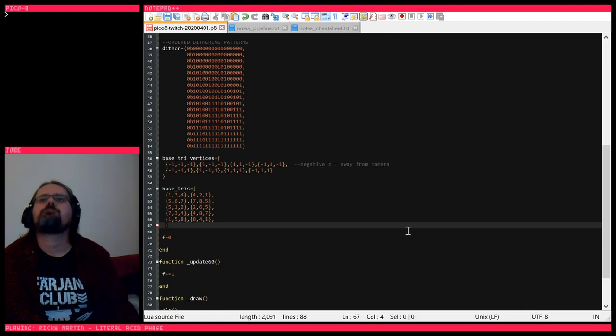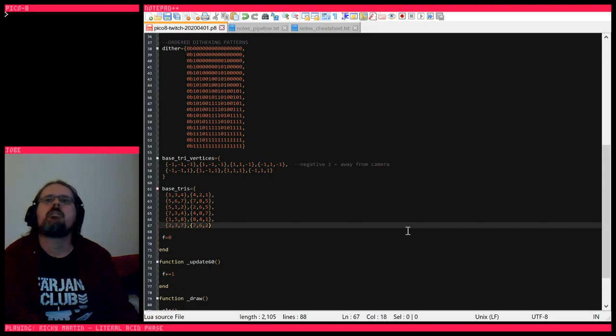So the right face is going to be 2 and 3 and 7, and it needs to be 7 and 6 and 2.